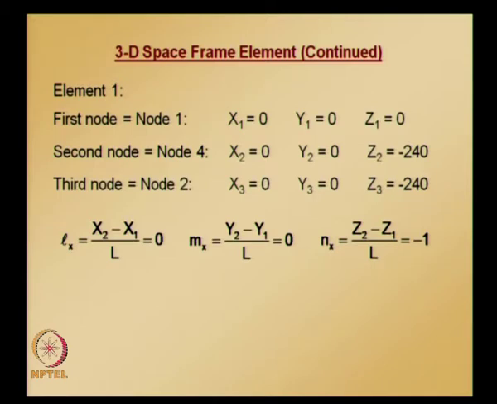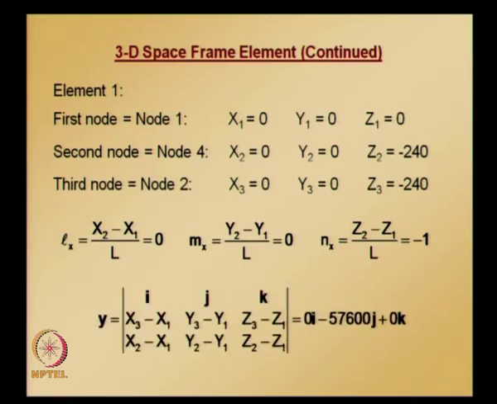and the cross product of that, a vector which is joining the first node to the third node with a vector which is joining the first node to the second node gives us the local y axis, and the cross product is shown in this slide.